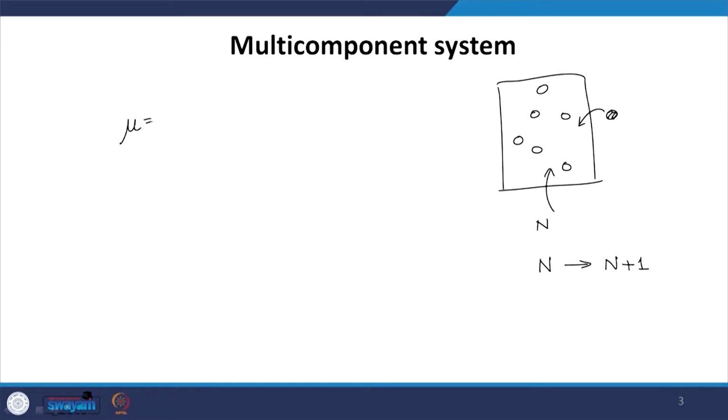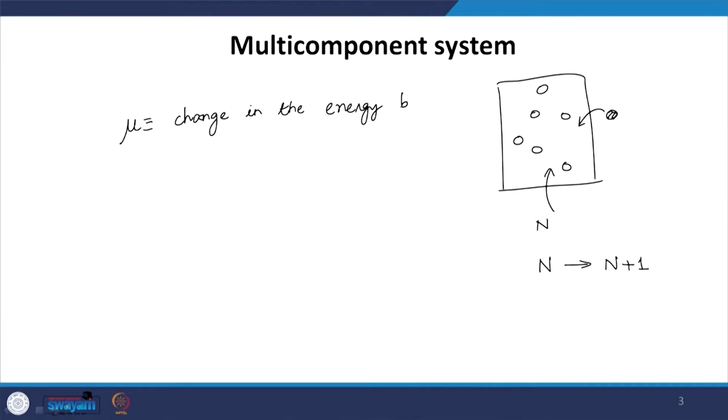So, what a chemical potential essentially is the change in the energy, and we will discuss which energy we are talking about in a minute, but this is a change in the energy of the system by adding a molecule.